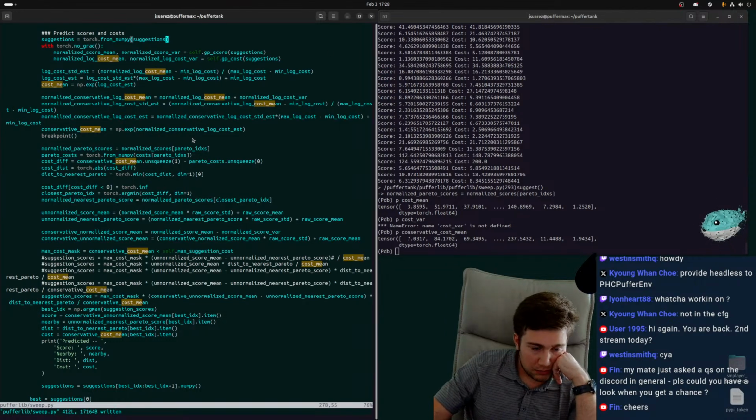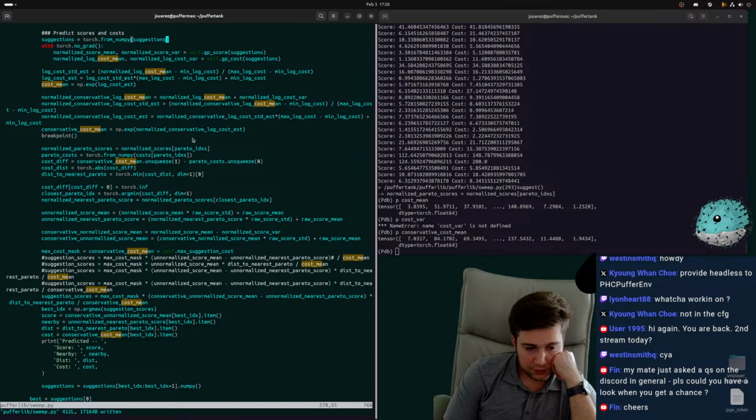So I'm literally adding this squared standard deviation, and it's still not enough, which is an insane thing to do. I just forgot to take square root.